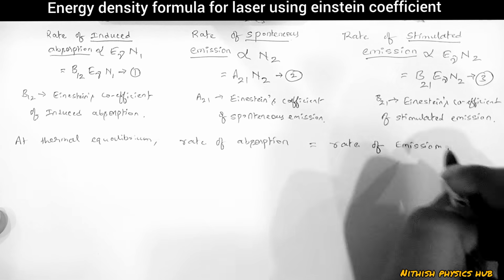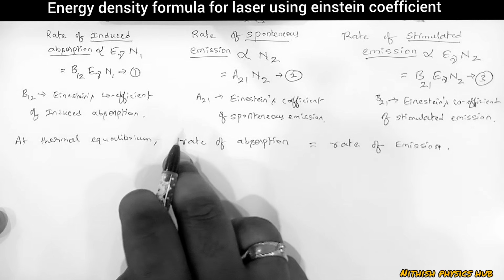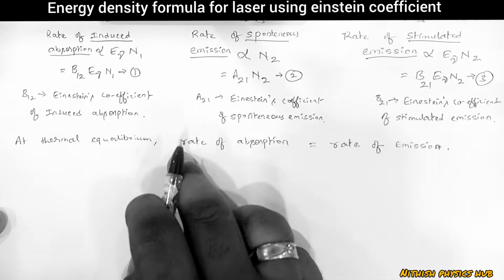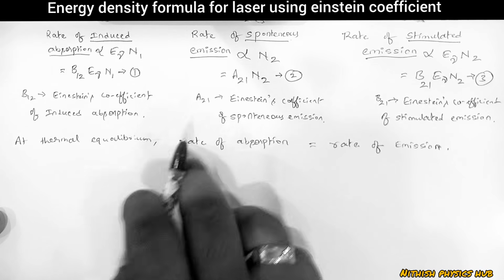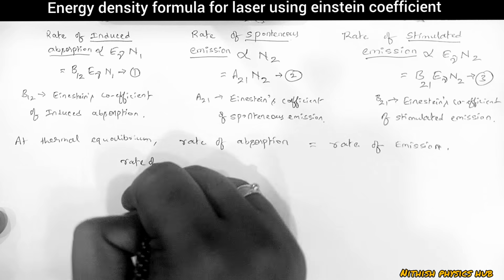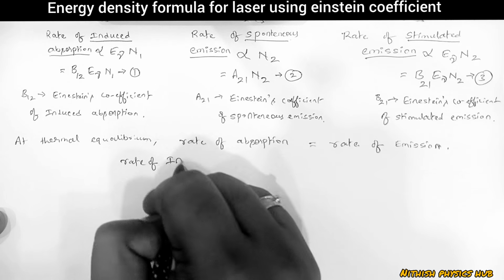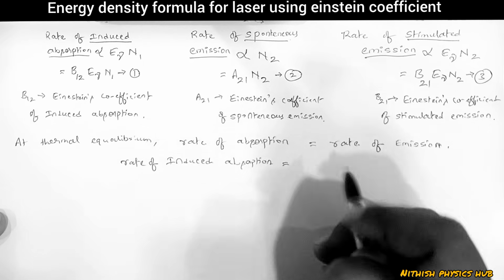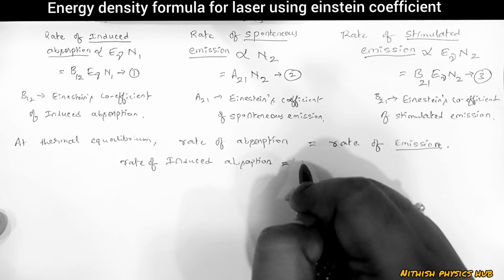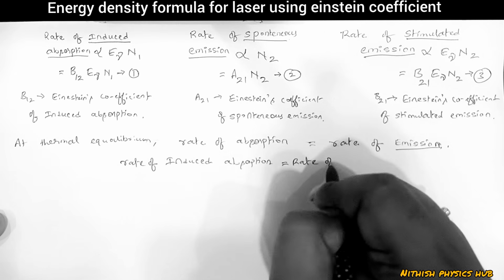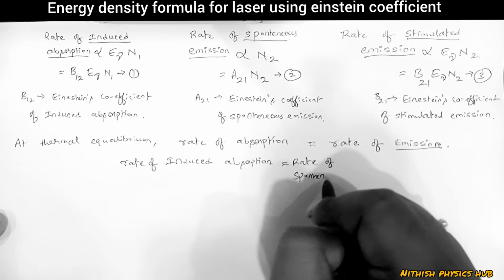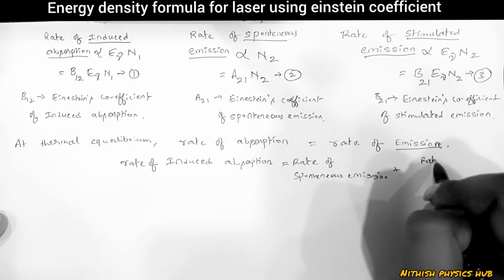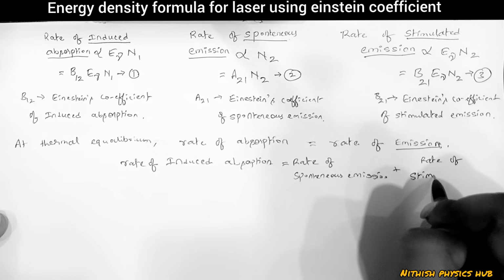Since absorption takes place in our equations as well as emission, we rearrange so that the rate of induced absorption is equal to the sum of the two emissions: the rate of spontaneous emission plus the rate of stimulated emission.